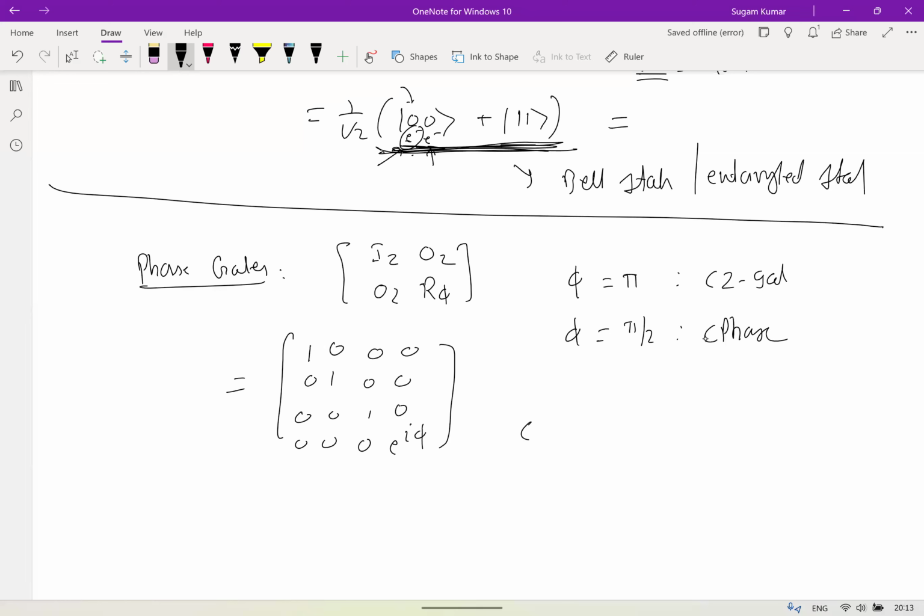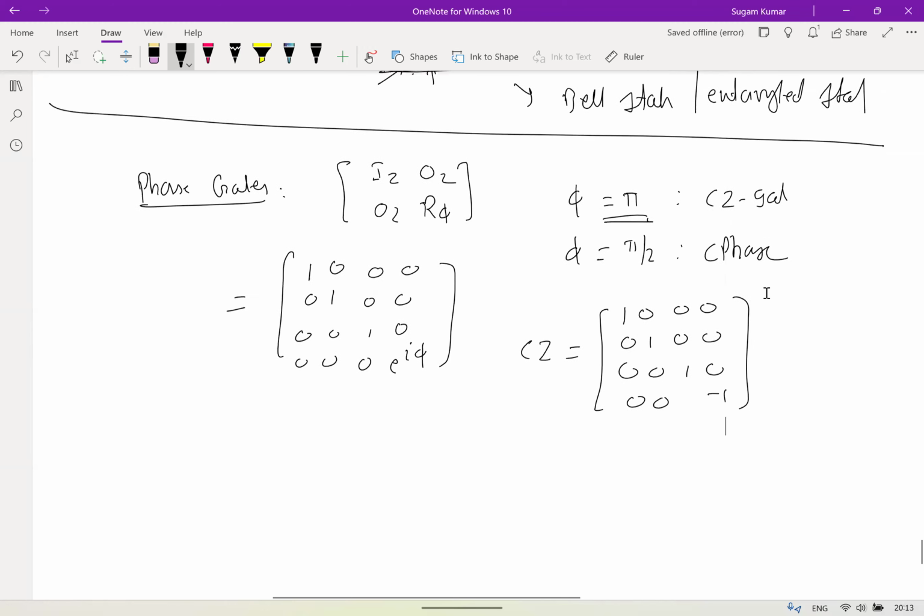And the CZ gate will be equal to 1, 0, 0, 0, 0, 1, 0, 0, 0, 0, 1, 0, 0, 0, 0, and when you put phi equal to pi, the value becomes -1.